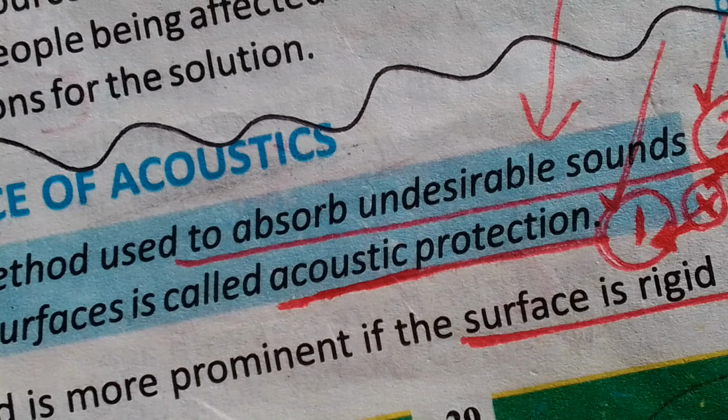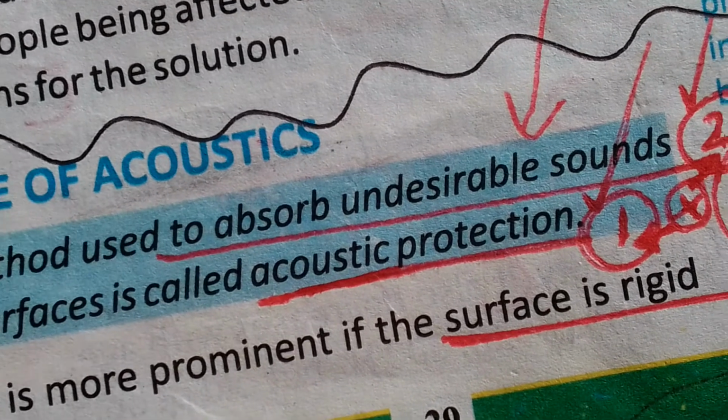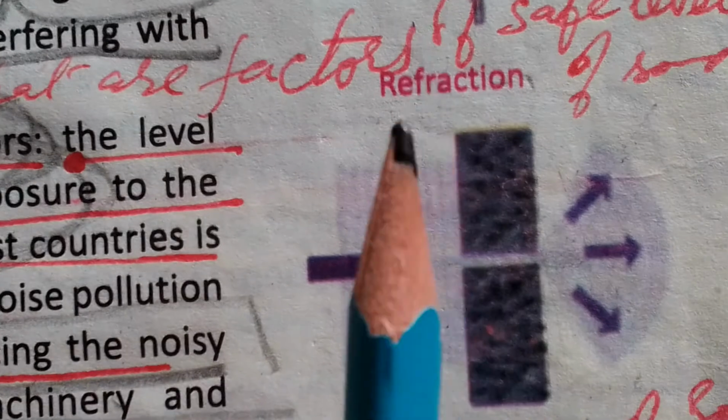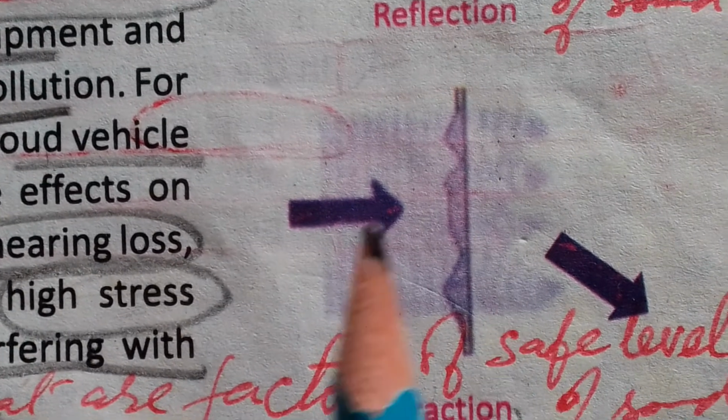What are those definitions? Number 1 is define reflection and illustrate. Illustrate means draw a diagram and tell. Second is refraction. Define refraction and illustrate. What is the meaning of illustrate? Illustrate means draw a diagram and then describe.